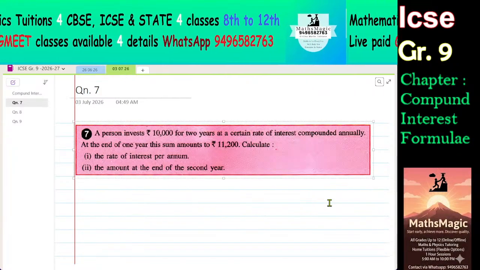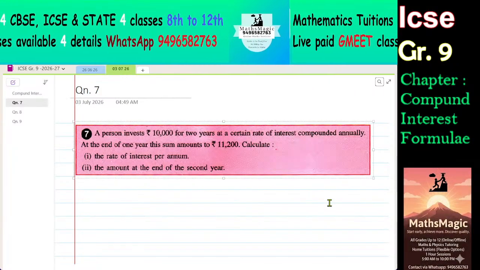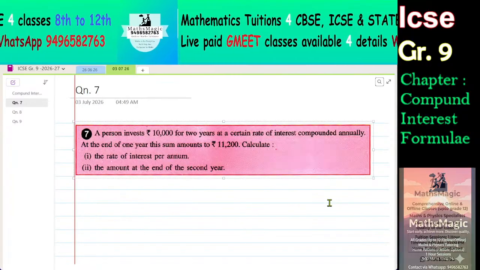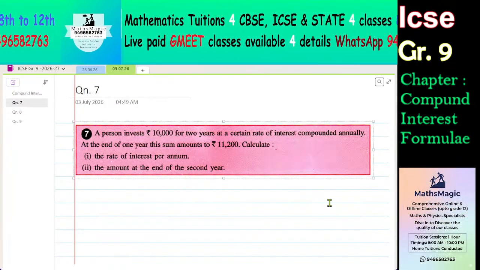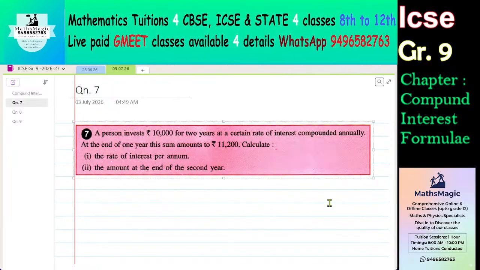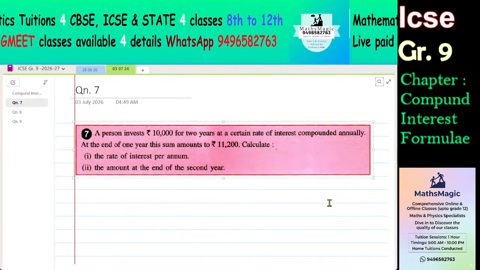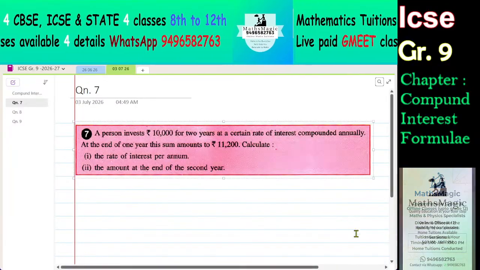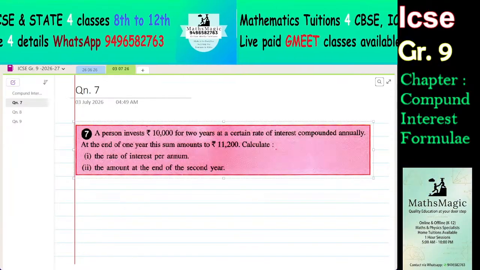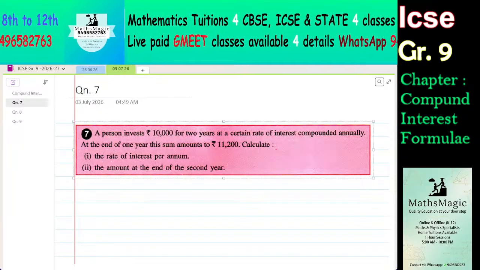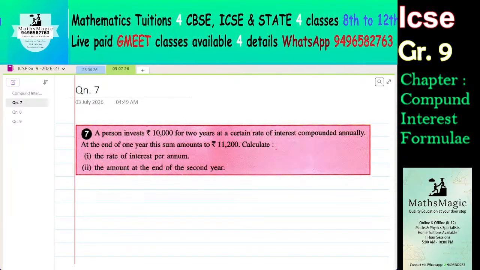A person invests rupees 10,000 for 2 years at a certain rate of interest compounded annually. At the end of 1 year, this sum amounts to 11,200. Calculate the rate of interest per annum and the amount at the end of second year. So take down the question and try to solve it using the formula or whatever method you feel you can.